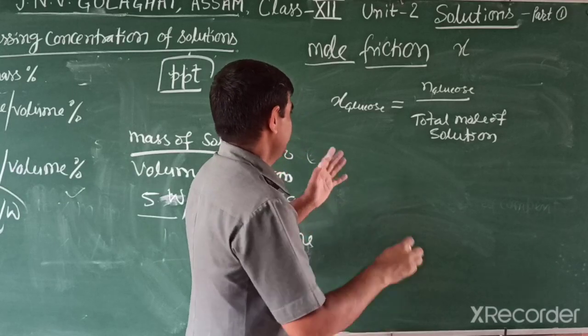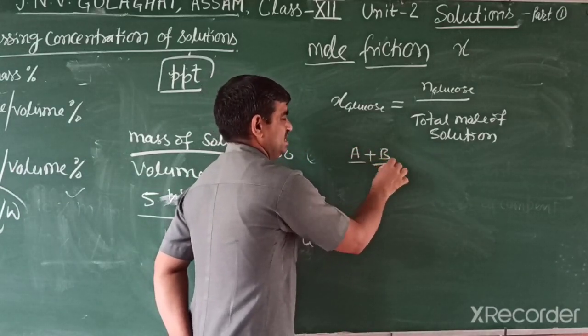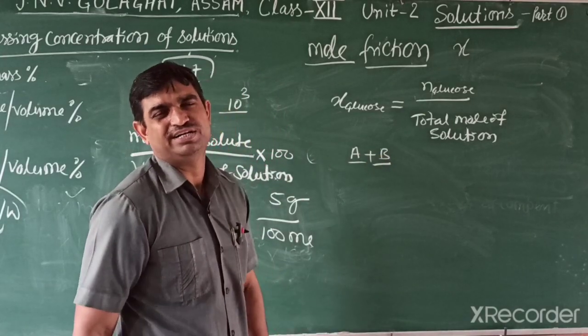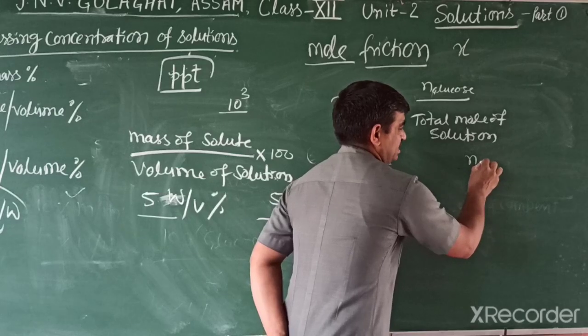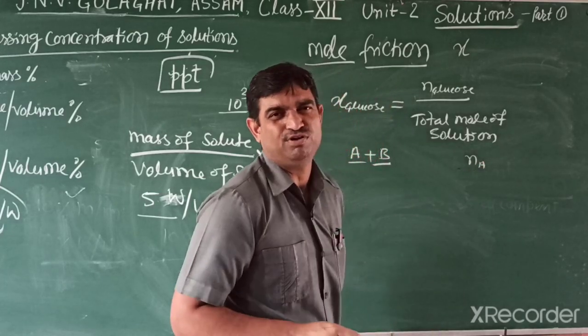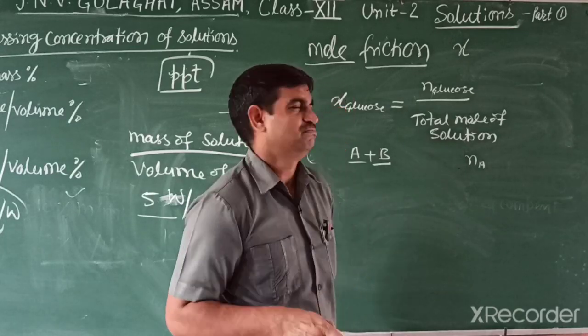So in this way we can find the mole fraction of glucose. If there are 2 components, A and B, how can we identify their mole fractions? The moles of component A is small n A. You know mole is represented by small n. Mole is a chemical counting unit; it is related to the Avogadro number.